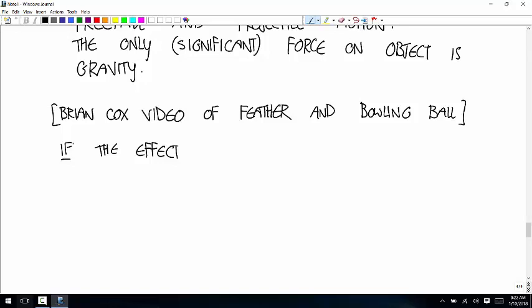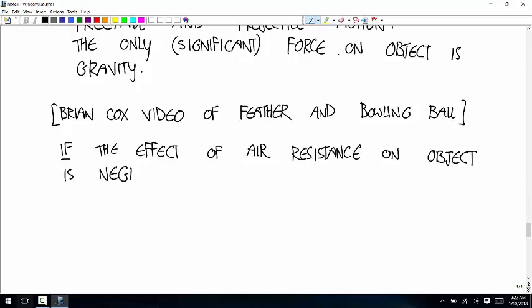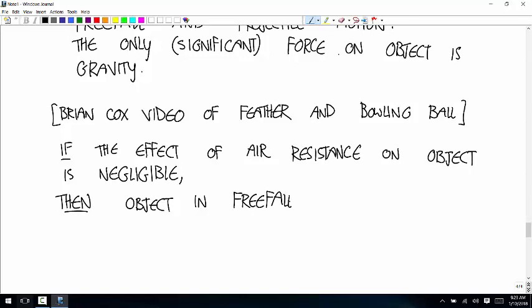Okay, so the bottom line for freefall is if the effect of air resistance on an object is negligible, then an object in freefall, and again, I use freefall as a synonym for projectile motion.